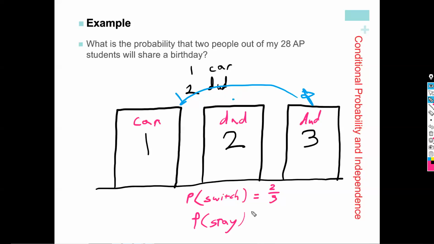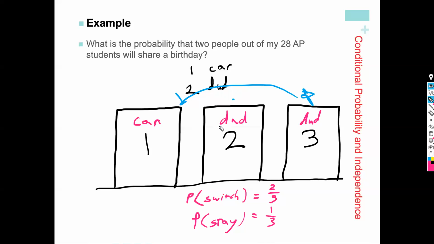And so the 2 different ways to think about it is that in both of these situations, you switch to the car because they open up the other dud. And picking the situation that lets you switch has a 2/3 chance of happening at the very start, door number 2 or door number 3.